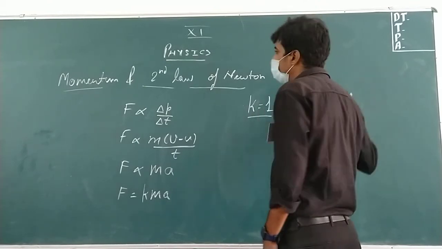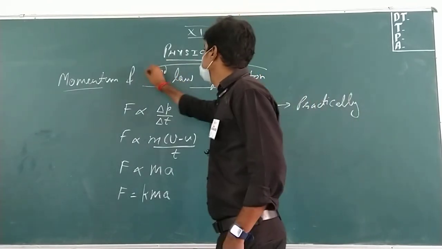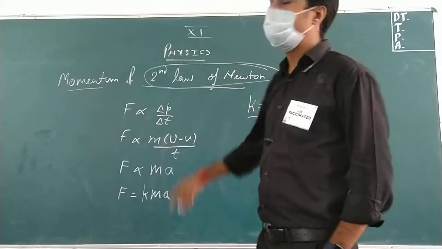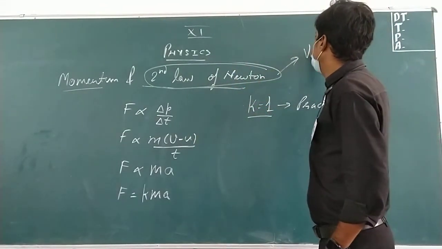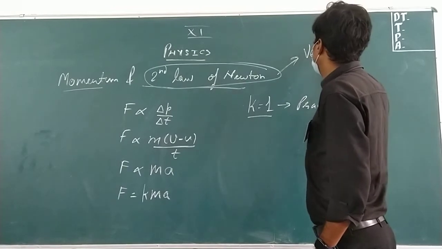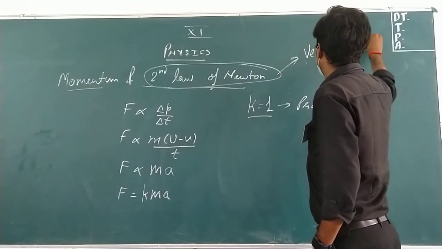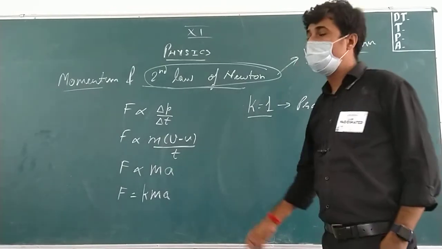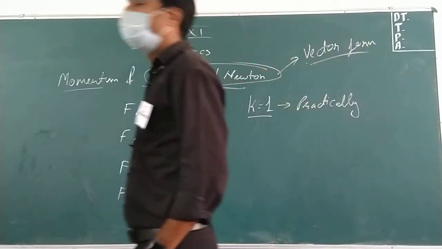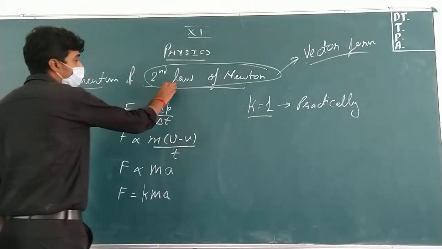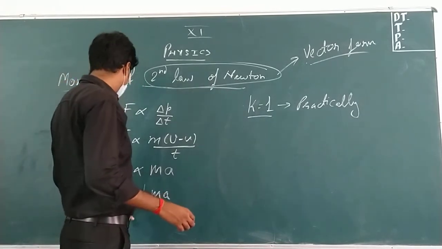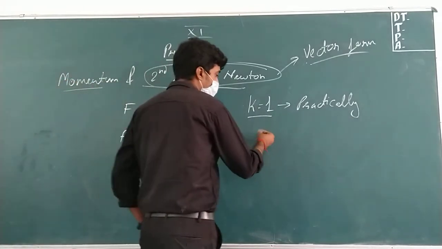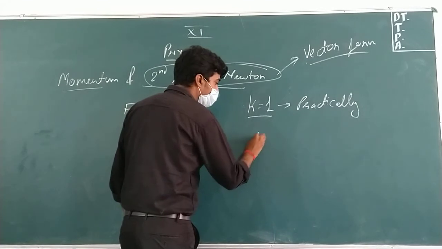As you know, Newton's second law is in vector form. Now what does vector form mean? Vector form means this particular second law, rate of change of momentum.